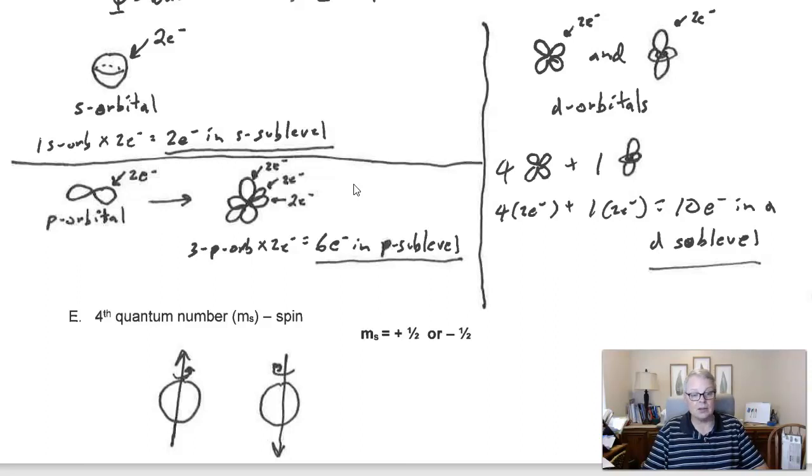The best I can do is it's kind of like a ball spinning, or a top, or a globe spinning on an axis. All right, so let's say, for example, you've got a globe. There's really two ways you can spin that globe. You can either spin it clockwise, looking from the top, or you could spin it counterclockwise, and that's pretty much it.